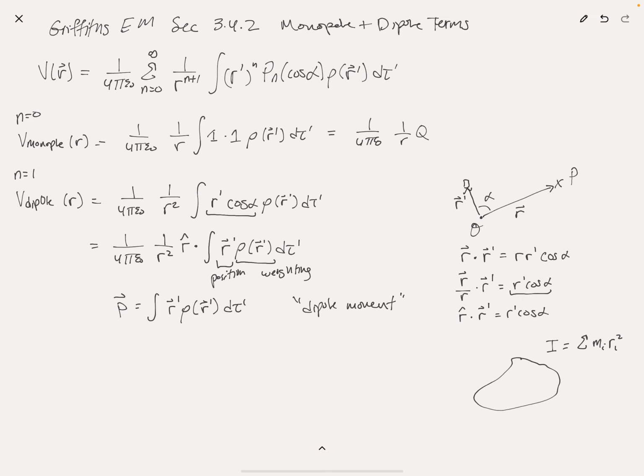So then I can rewrite my dipole potential in a nice closed form, 1 over 4 pi epsilon naught, r squared on the bottom, and I'm going to dot, order doesn't matter for my dot product, p dot r hat.